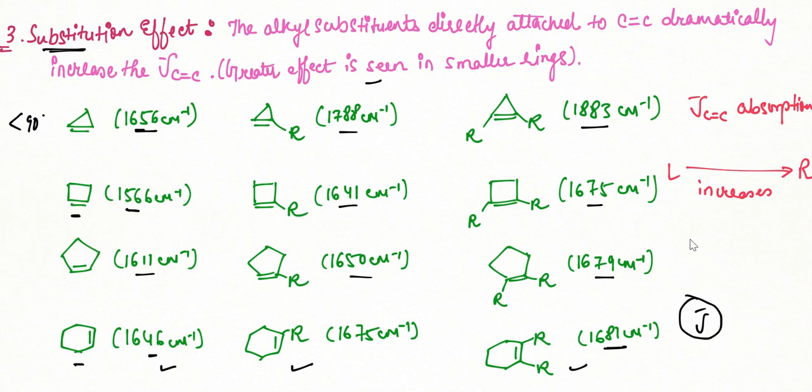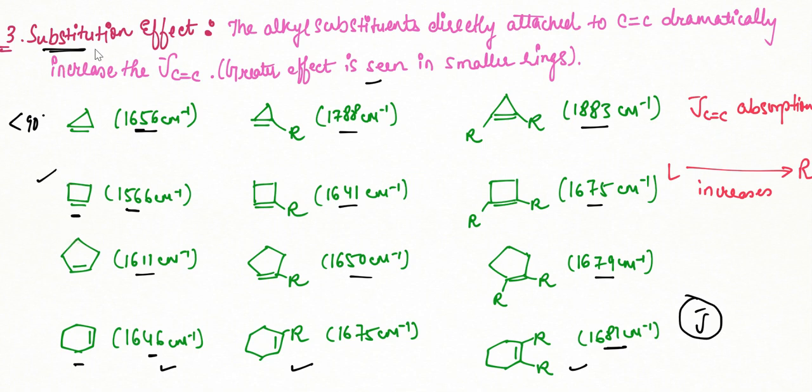So you don't have to remember all these values, this is just for reference. You just have to remember that there are three effects that we have studied. The conjugation effect decreases the value of the force constant but increases the intensity. In the second one we saw that the decrease in ring size is going to decrease the value only till the 4-membered ring, right?